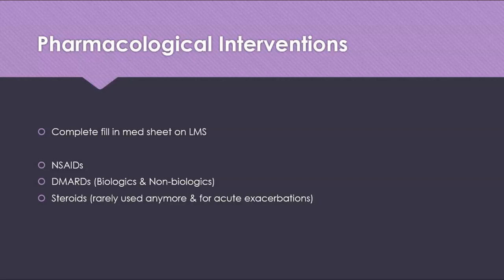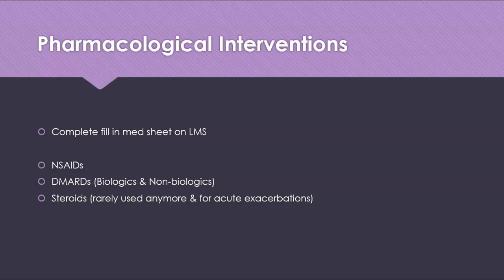The sooner they start them, the better their long-term functioning is going to be. So these medications under the DMARDs, there's some subcategories, but they work specifically on the immune system. So they target the actual immune process that's occurring to help decrease the inflammation.